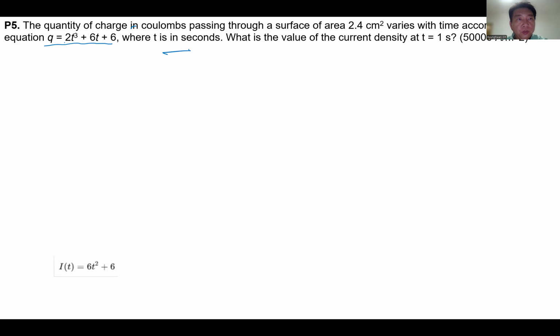Now we have Q(t) given. And obviously, for the given Q(t), we need to find out the current density. So it's not just simple current, it is a current density. J is given by I over cross-sectional area. So do we have information on the cross-sectional area? Yes, we do. So here is this one.